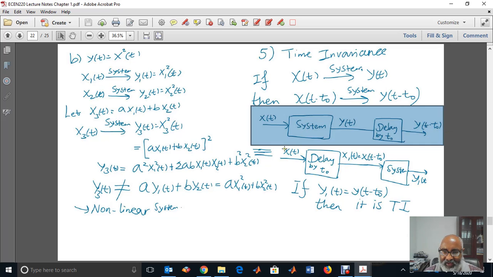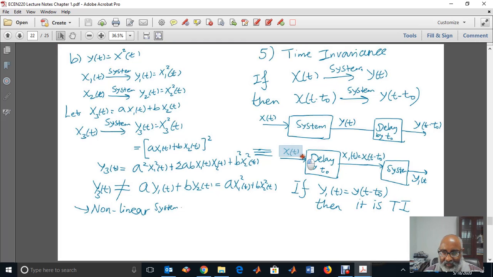Another way is to delay the input, so I have a delay system here. The input x of t will be delayed by t naught, and I will have x of t minus t naught. Let's call this x1 of t, where x1 of t is x of t minus t naught. Then I get an output y1 of t.